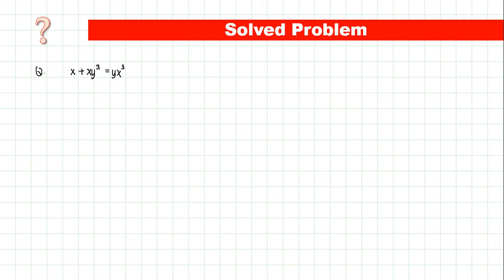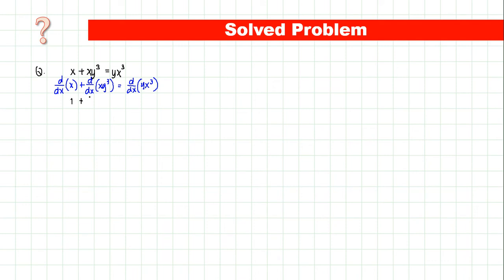Okay? So first, ang step is to get the derivative of each of the term, right? So first is the derivative with respect to x of x plus the derivative with respect to x ulit ng x y cubed. It is equal to the derivative with respect to x ng y x cubed. So pag medyo bumilis-bilis na kayo sa pagkuha ng derivative, kahit hindi nyo naisulat ito, no? So ano ang derivative ng x? That will be, of course, that is 1, right?